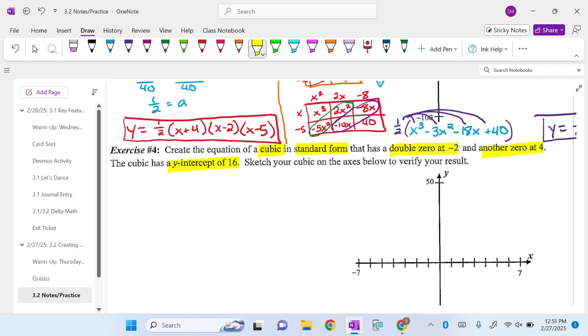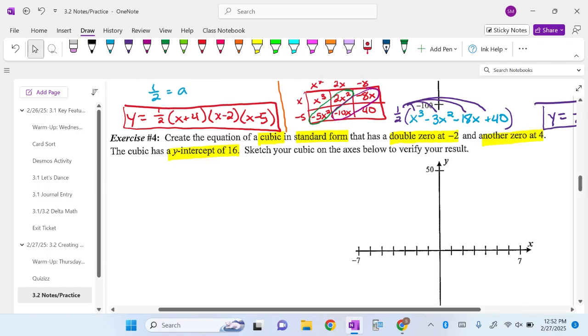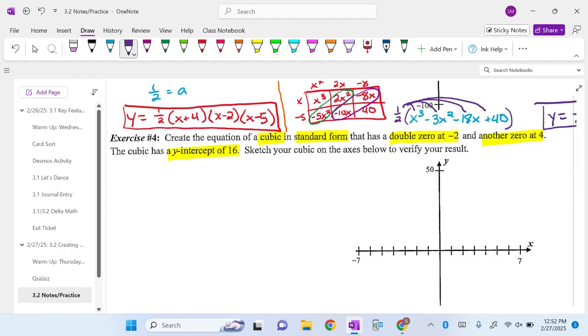All right. So still doing cubic, so the degree is 3. Now, again, for this one, we're not going to worry about standard form because it's the same process to get into standard form. I only care about factored form right now because that's probably the hardest part, is the factored form. All right.